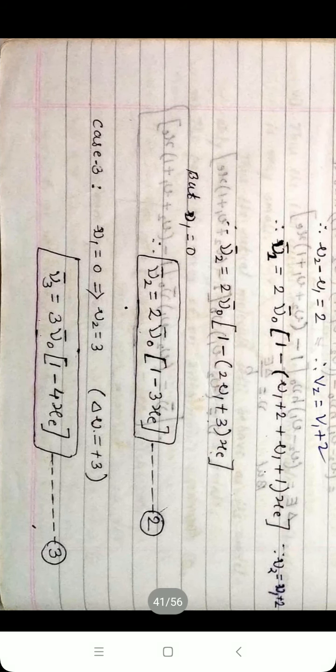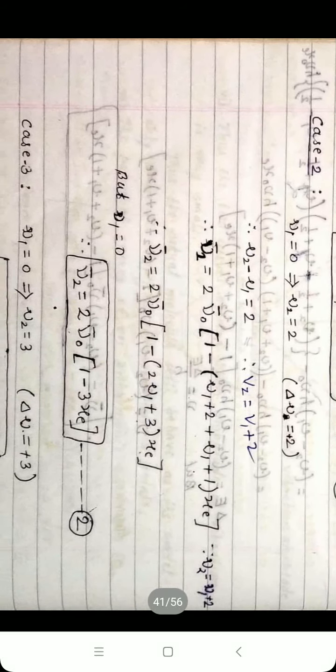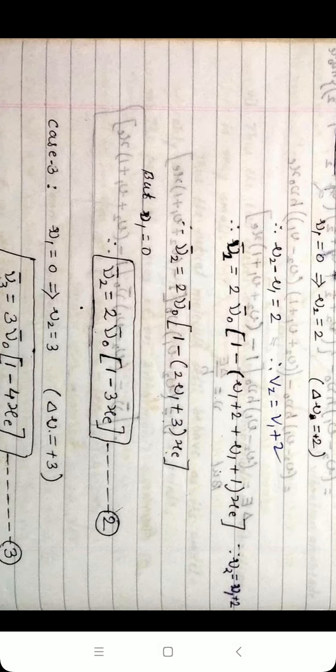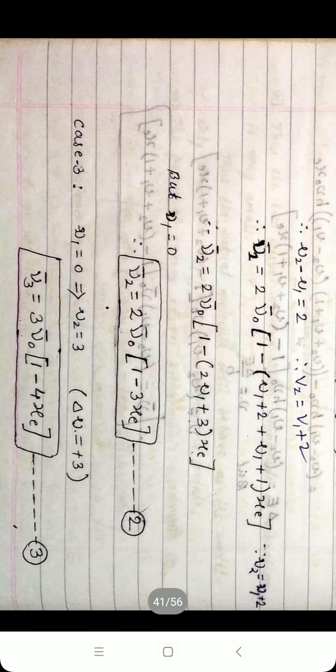Then consider case 3. Then V1 is 0 and V2 is 3. That is delta V becomes plus 3. That is V2 minus V1 is 3, that is 3 minus 0 is 3.